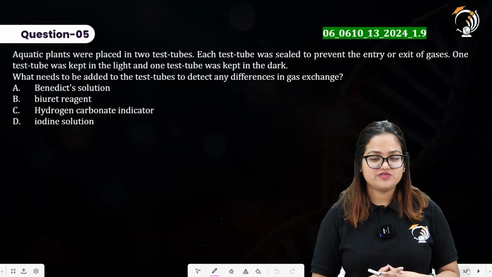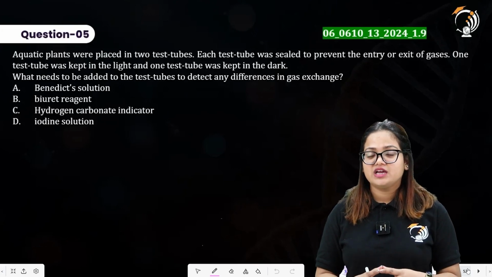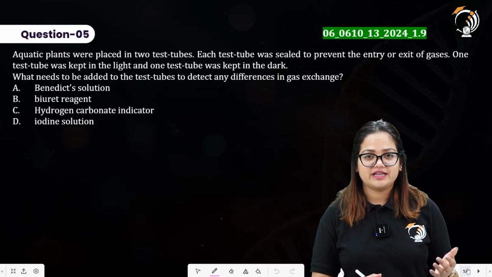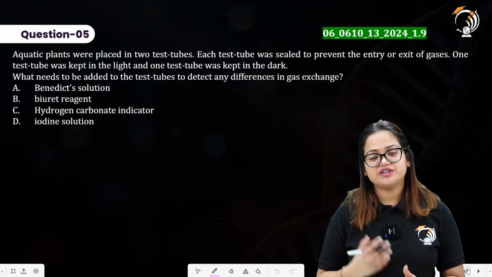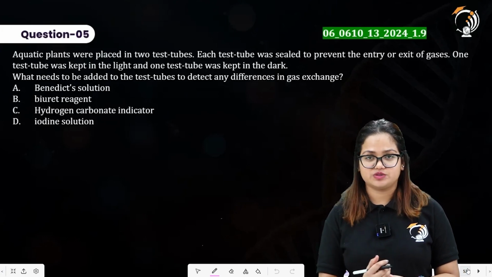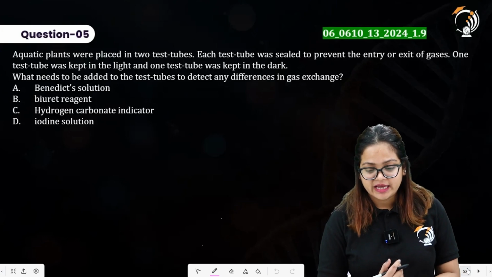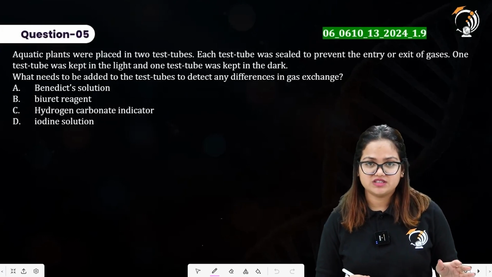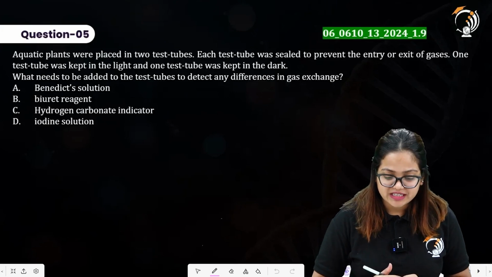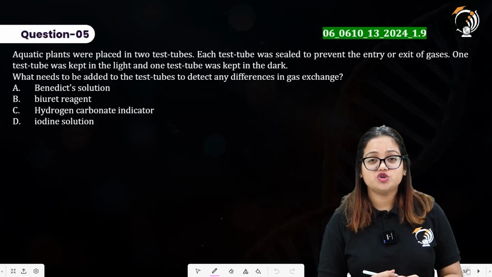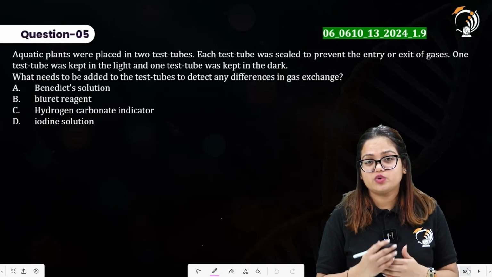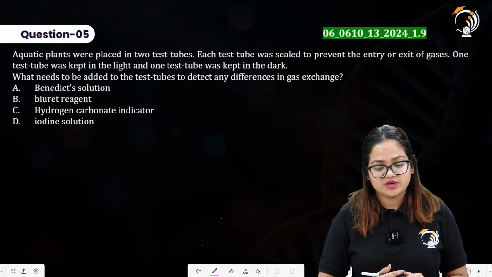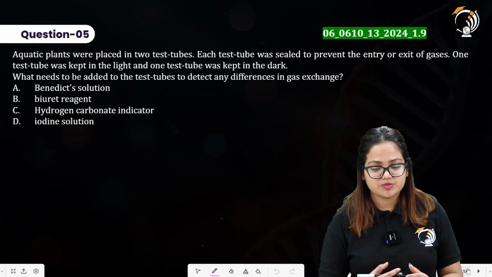So first of all, students, photosynthesis is a process in which plants require carbon dioxide and water and convert them into carbohydrates, releasing oxygen. Here, since one of the test tubes was kept in the light, it will perform the photosynthesis process. One test tube was kept in the dark, it will consume up all the starch, that was the stored form of glucose present in it, during the course of time in the dark.